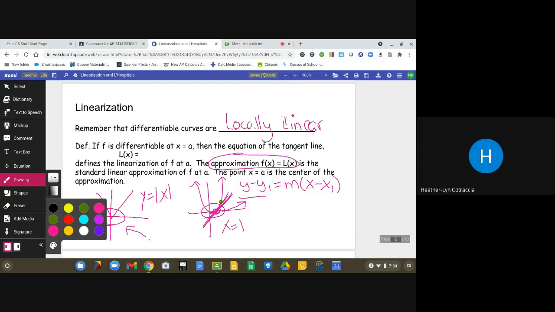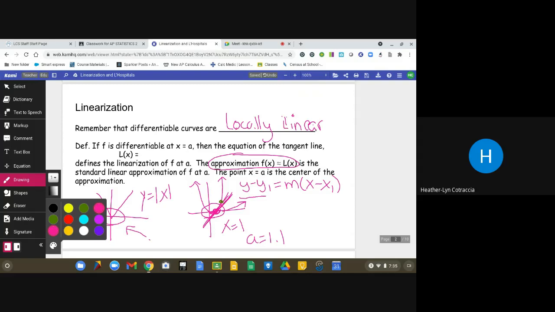Now you're going to pick a point that's not so nice. So let's say, and we usually call this a, but just pick another number, 1.1. And then we're going to use our tangent line at 1 to approximate what our value is at 1.1.